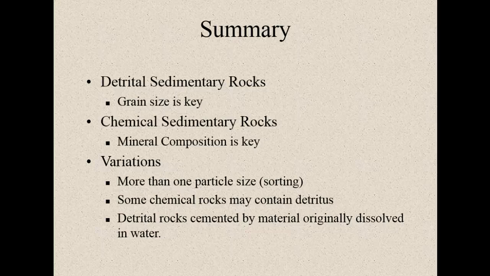All right. Variations, more than one particle size, is another thing that you can use, the sorting. Remember, with the conglomerates, you're going to have varying sizes of grains, if you remember back from the image.